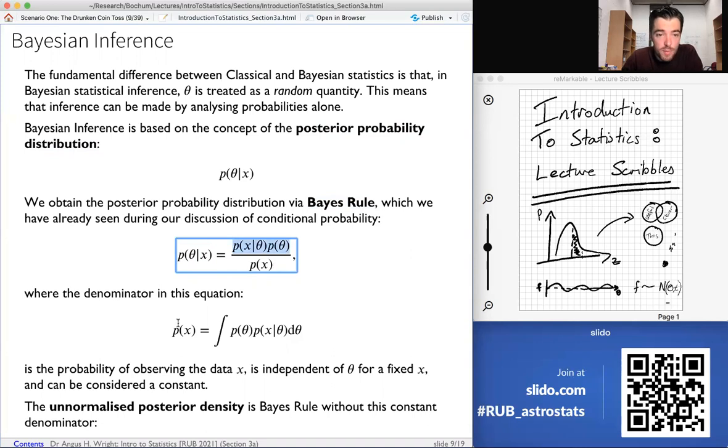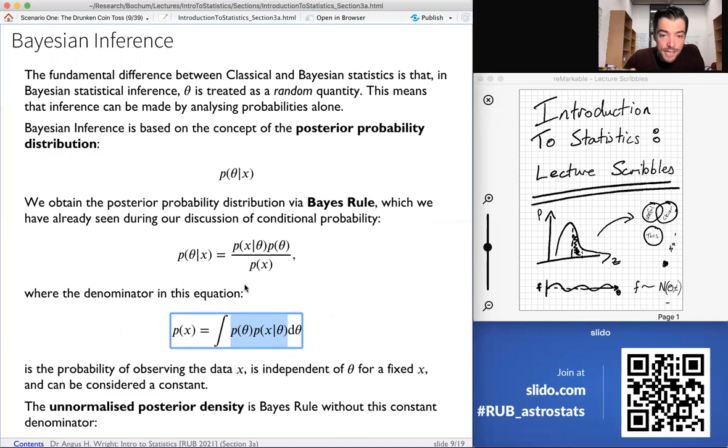The denominator in this equation, P of x, is the integral over all possible model values, and it is a function of only x. So for a single static realization of the data, this denominator is a constant.